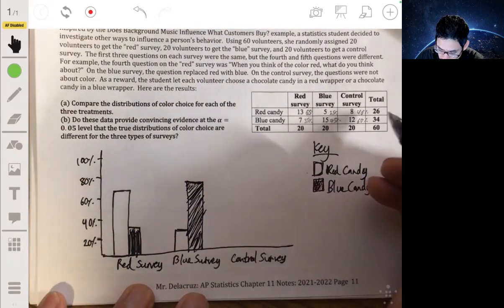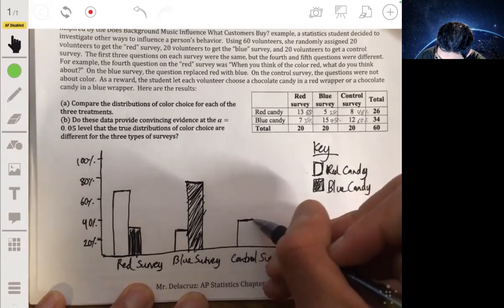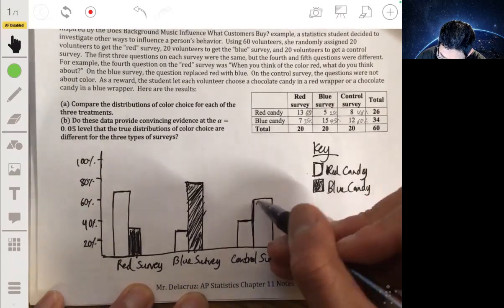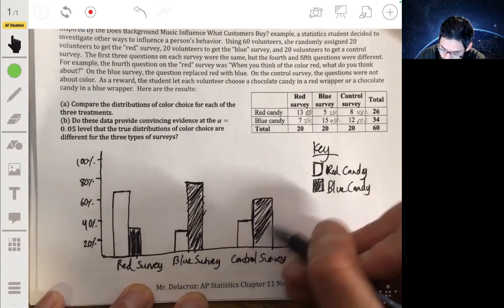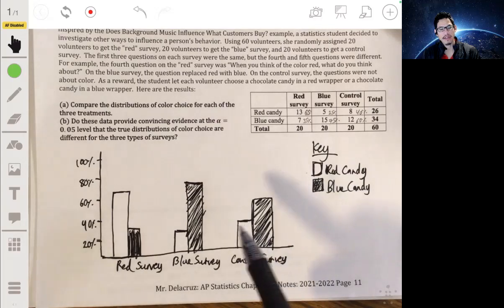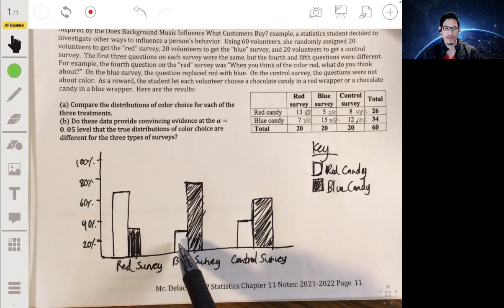And the control was 40% and 60%. So by looking at this, it's kind of clear that it seemed like the volunteers were more likely to pick the color candy that matched their survey color.